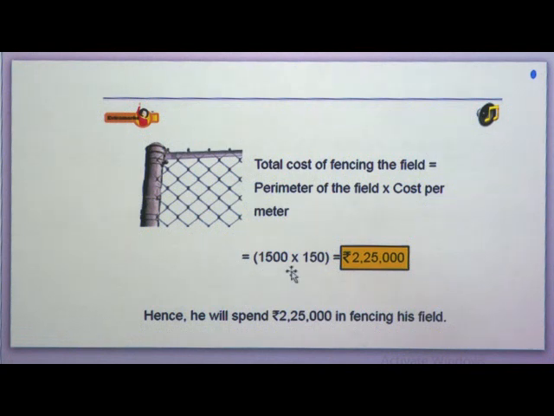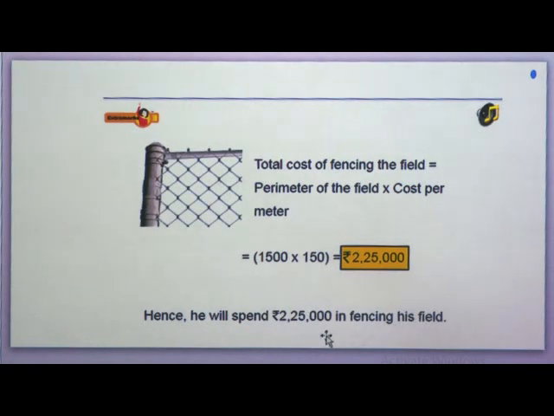So, 1500 multiplied by 150 is equal to 2,25,000. This amount is required to fence the given rectangular field. Hence, he will spend this much amount in fencing his field.